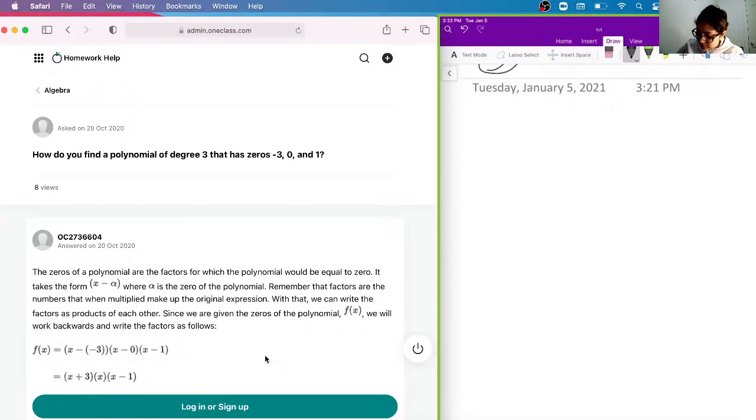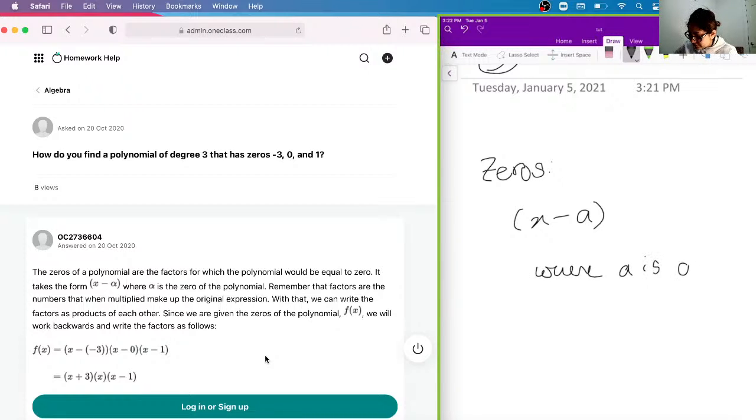Those zeros are in the form of x minus a, where x is your variable and a is a number.